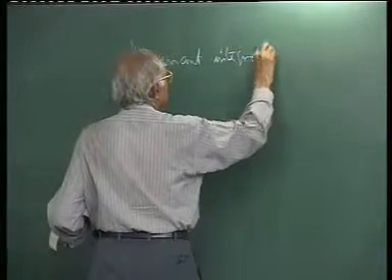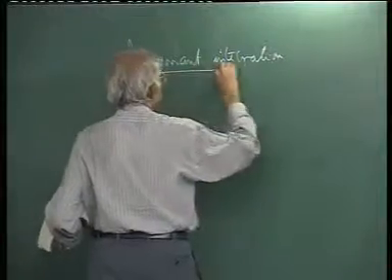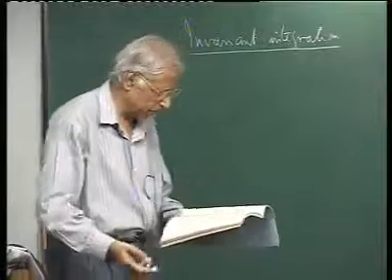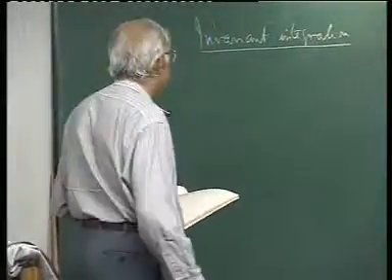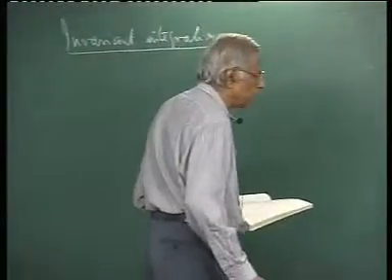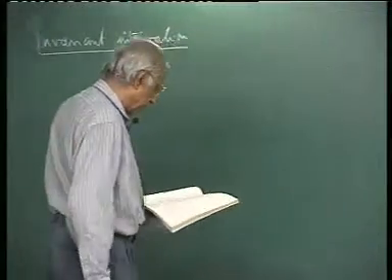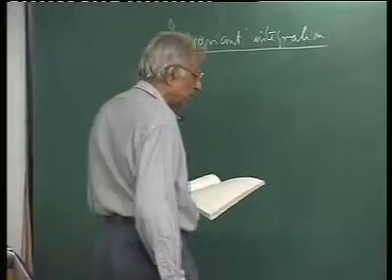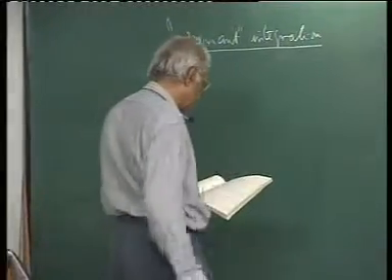Now let us look at functions on the group. So we have been looking at the group itself from various points of view. Now we look at functions on the group, how they can be described, and how we can talk of integrating a function on the group over the group manifold.